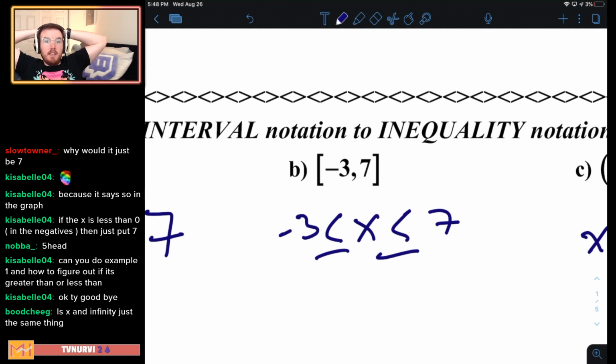So X, the group that I'm talking about, that group of numbers is between 7 and negative 3. So X represents the numbers. And that's saying, okay, the numbers are trapped between these two things. The numbers are bigger than this. Does that logic make sense?